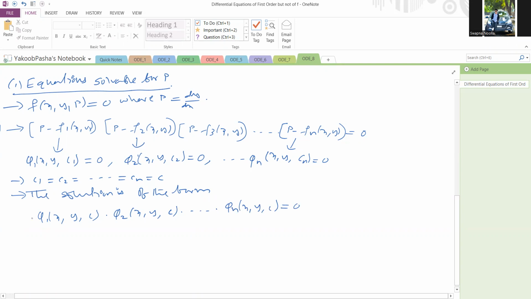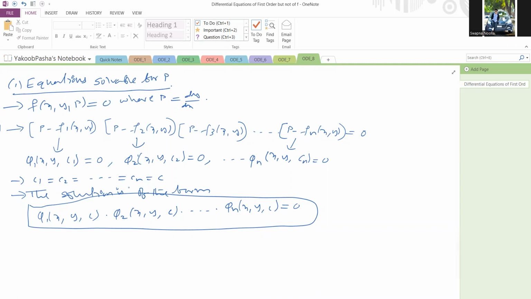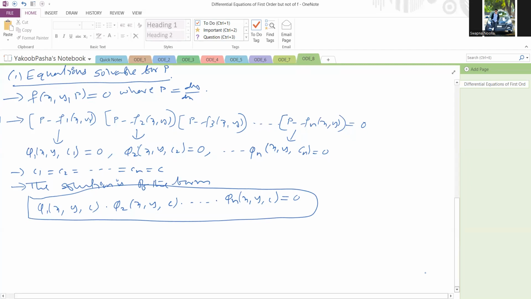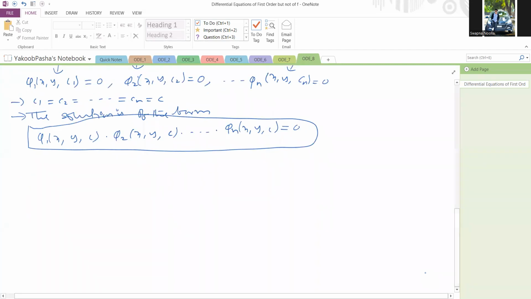This is the general solution of the given equation which is solvable for p. First we have to factorize, then solve each factor and replace c1, c2 and so on cn by c, and we take the product of all solutions equal to 0, which gives the general solution of the equation which is solvable for p.